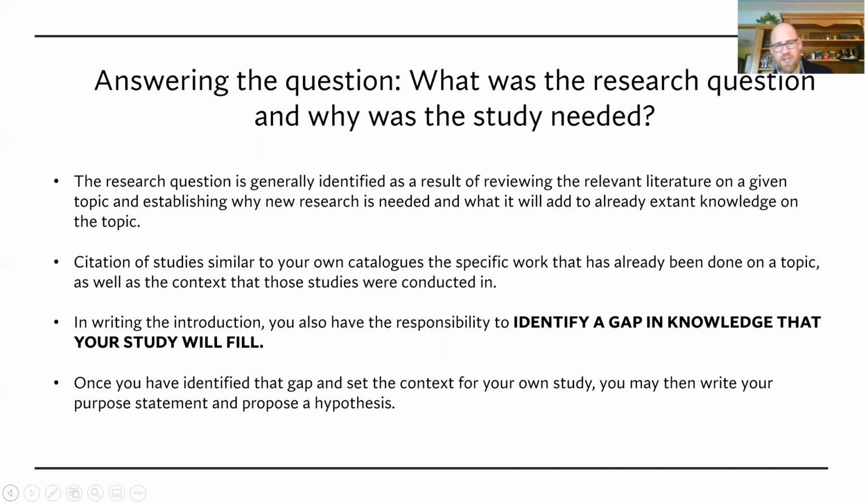Citation of studies that are similar to yours can be beneficial in order to set the context for what's been done previously by different researchers. But the biggest thing is that we really need to be able to identify a gap in knowledge that your study will fill. That is the most important point. In writing the introduction, you'll essentially identify that gap in writing prior to identifying your purpose and hypothesis.